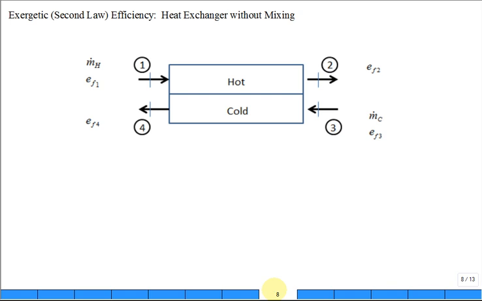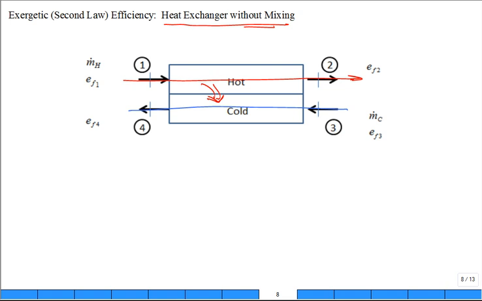Let's talk about a second law efficiency for a heat exchanger without mixing. So we have a hot stream, it just flows through from 1 to 2. And we have a cold stream from 3 to 4. And the heat transfer is from the hot stream to the cold stream, but it's not to the surroundings, it's just between the two fluid streams.